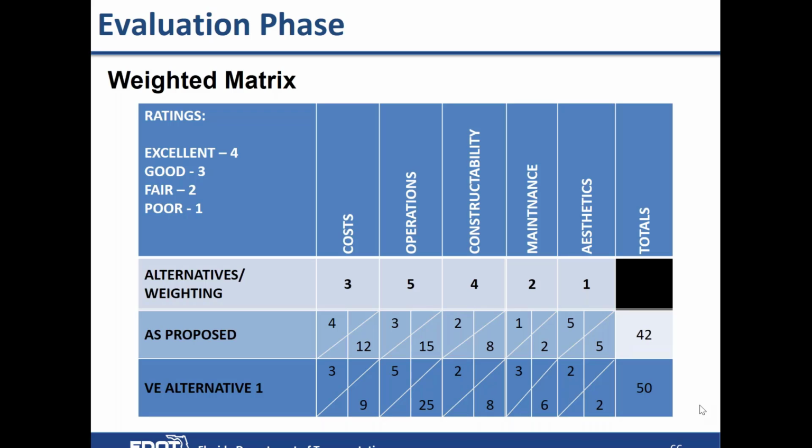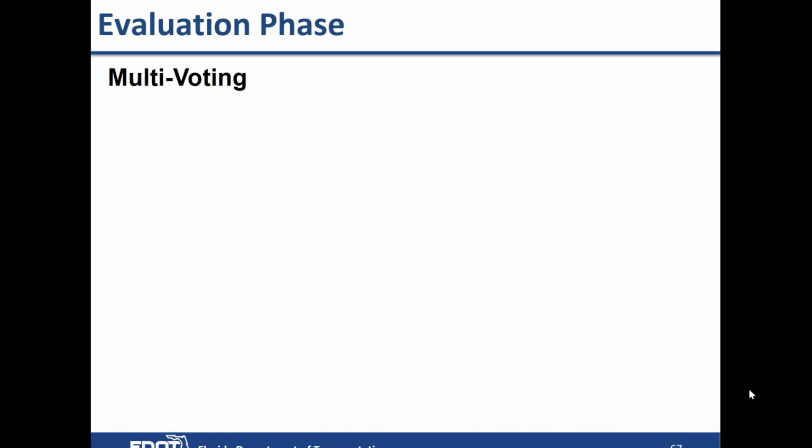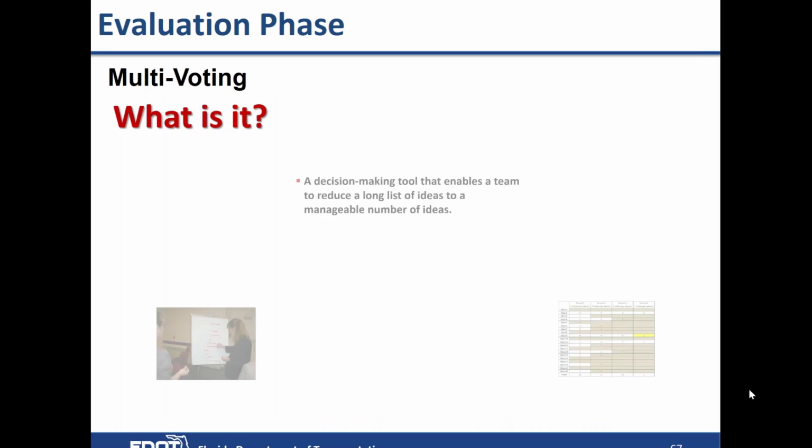Then the VE alternative is evaluated the same way. And then the total score, if the VE alternative comes out higher than the as proposed, then that's probably an idea that's going to move forward and be developed. If it's below, teams still can decide whether they want to move forward, but many times it'll be eliminated.